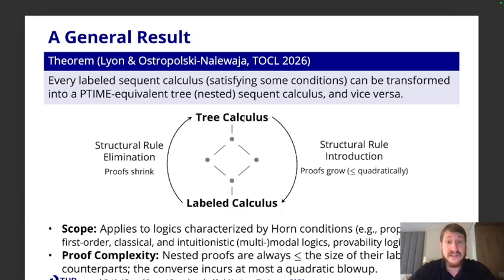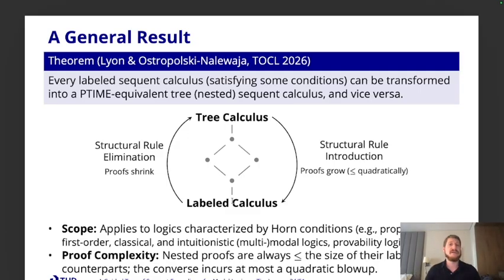And so we say that nested sequents and labeled sequents are dual to one another because they inhabit these opposite positions on these lattices. We show that by eliminating structural rules from these labeled systems, we can translate proofs up the lattice through various different points until it becomes a tree sequent proof. And by reintroducing structural rules, we can translate proofs down this lattice until it becomes a labeled sequent proof.